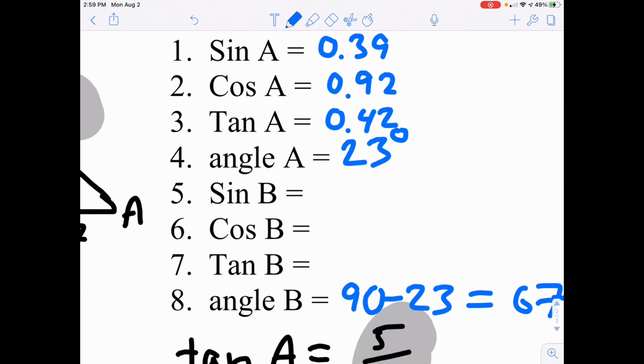Sine of 67 is 0.92. Remember, the cosine of one is the sine of the other, right? The cosine of B is the sine of A, so that's 0.39. And the tangent of 67 is the inverse of the tangent of 23, which is 2.36.